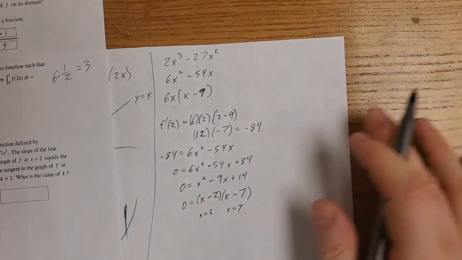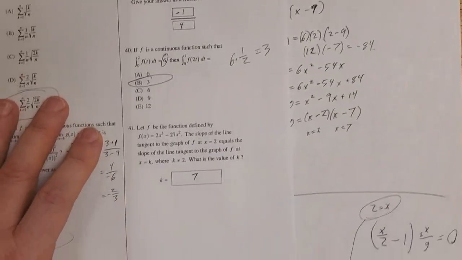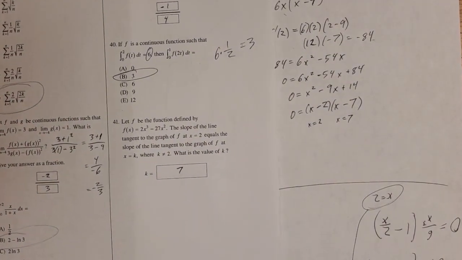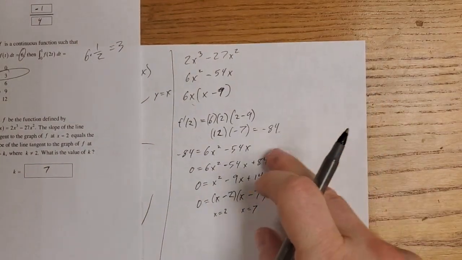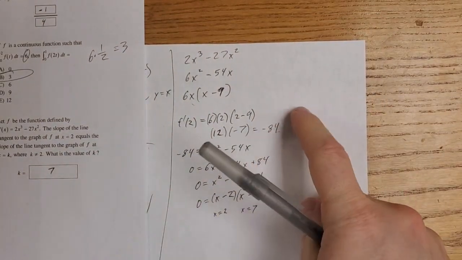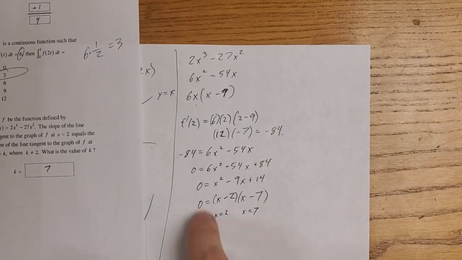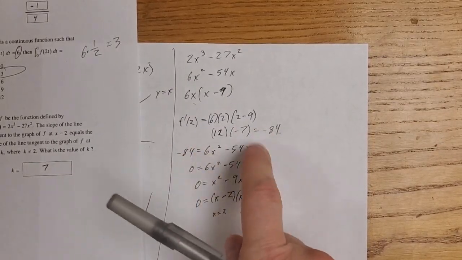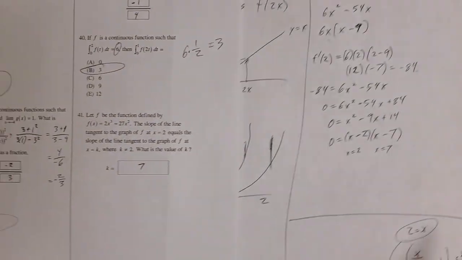It's just telling us it's not in the same place twice, but we fill in 7 because that is the answer. So we have to go out to the slope, what the slope is, and then work backwards to find out where else that slope occurs by solving for x. And after a little bit of work, we can get to the 7.